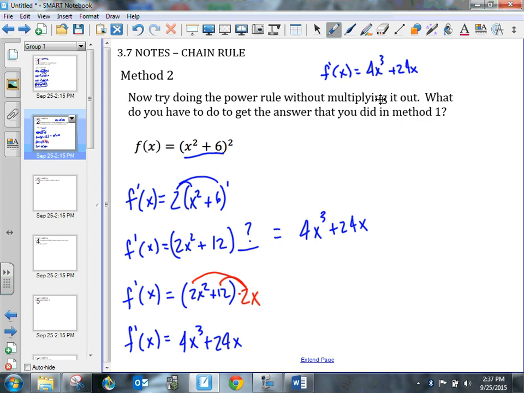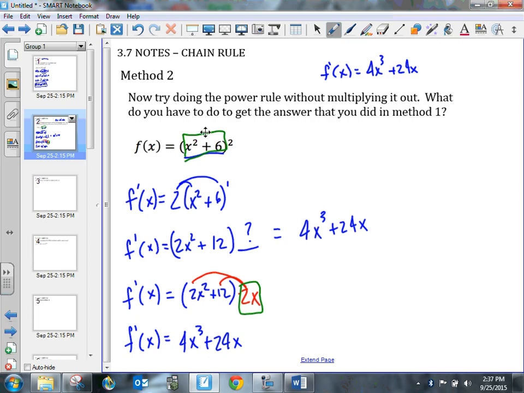But here's the thing, guys, and here's what I want you to see. We did the power rule, brought the 2 down, subtracted 1, but then we had to multiply this entire function by 2x. And 2x is very important because 2x, if you notice, is the derivative of x squared plus 6.